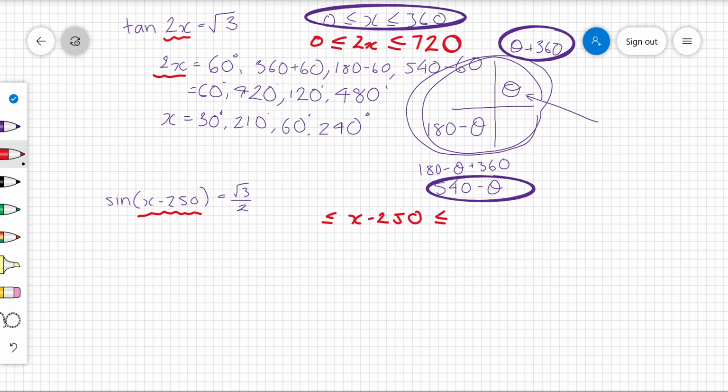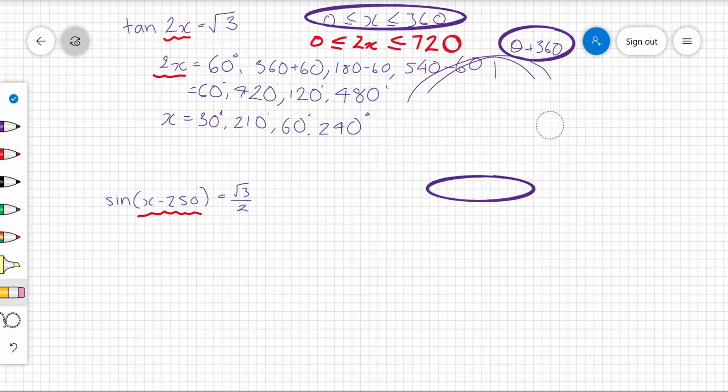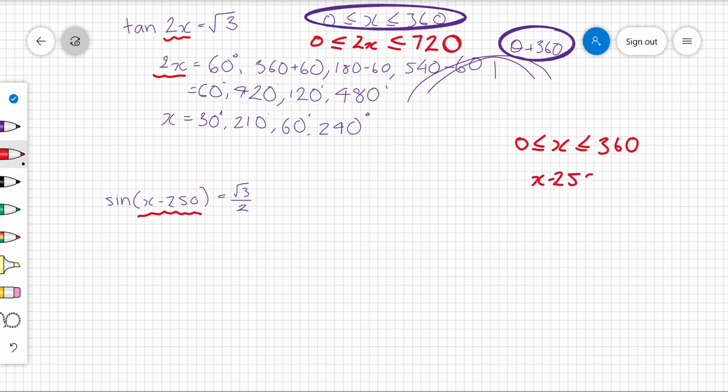So remember we've got originally x between 0 and 360, but here we've got x minus 250.